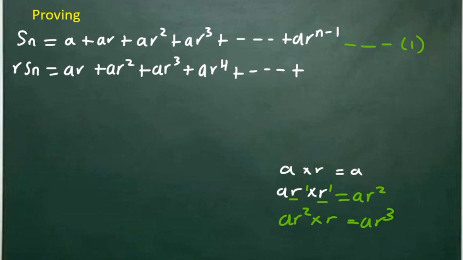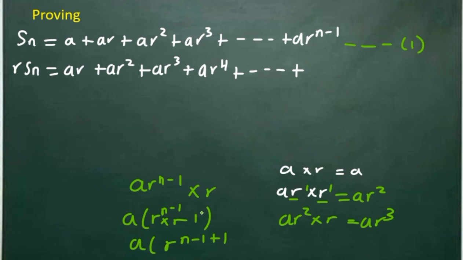Now this last one, I'm going to show you how I get it. This will be ar to the n minus 1 times r. So if I have a into bracket r to the n minus 1, times r, which is r to the 1, we add their exponents: r to the n minus 1 plus 1.